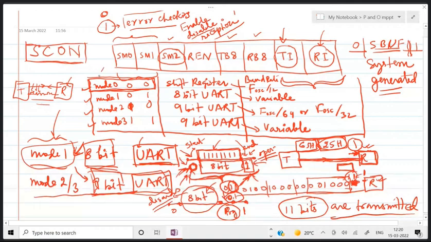This is the simplest mode, mode 0, and a less used mode. The most widely used mode is mode 1. Is it fine?